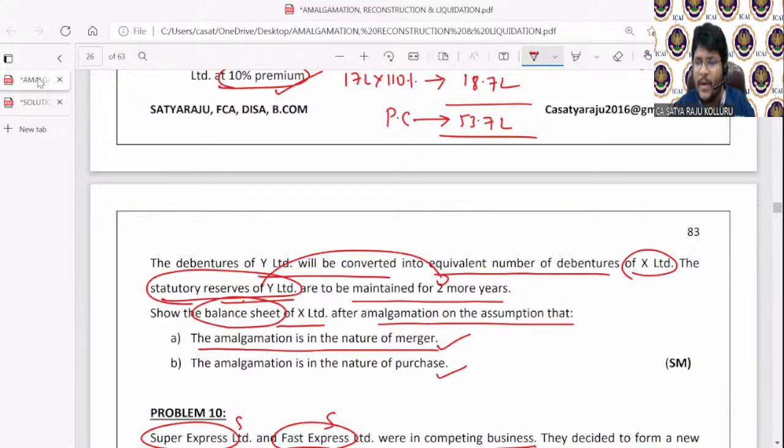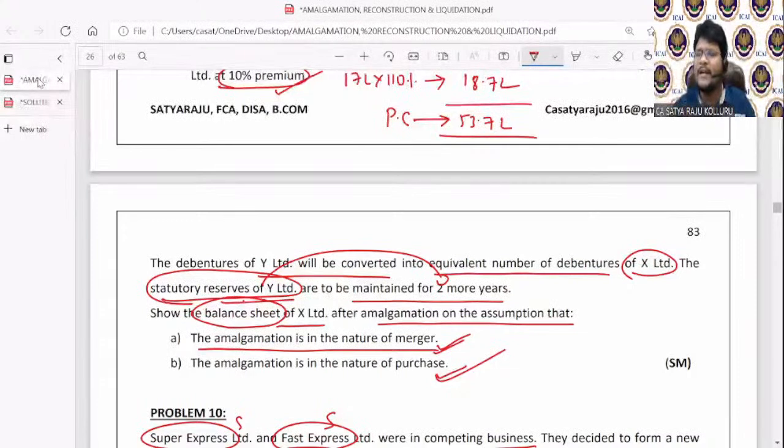But sir, is it really a merger? No. How can a single amalgamation act as both a merger as well as a purchase? How will it work out? Can you please tell me practically? Either the amalgamation is in the nature of merger or in the nature of purchase. Only one will occur. But this is only for academic purposes.